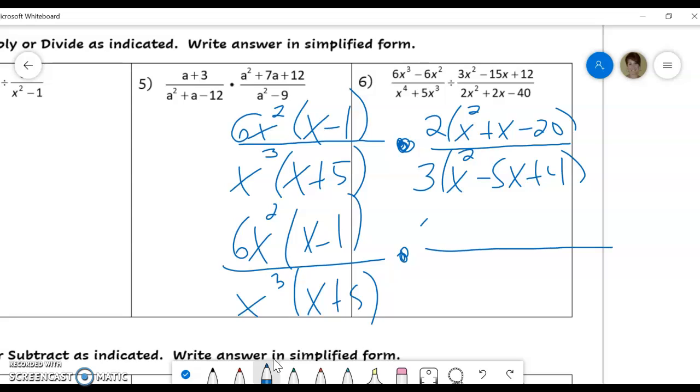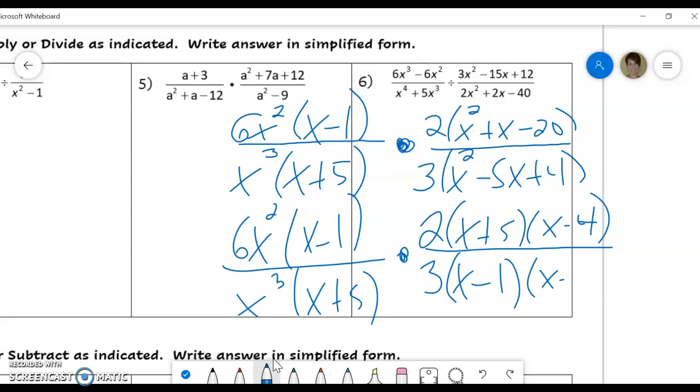Now, let's see, what multiplies together to give me negative 20 and adds to 1? That would be a positive 5 and a negative 4. And then down here, what multiplies to give you 4? Let's see, that would be minus 1 and minus 4. Okay, now we have everything in every numerator and denominator factored.